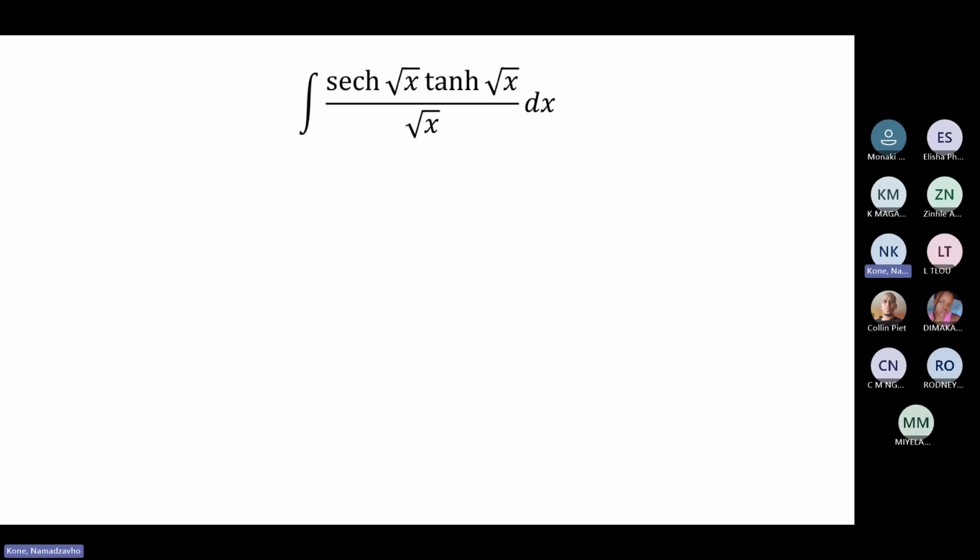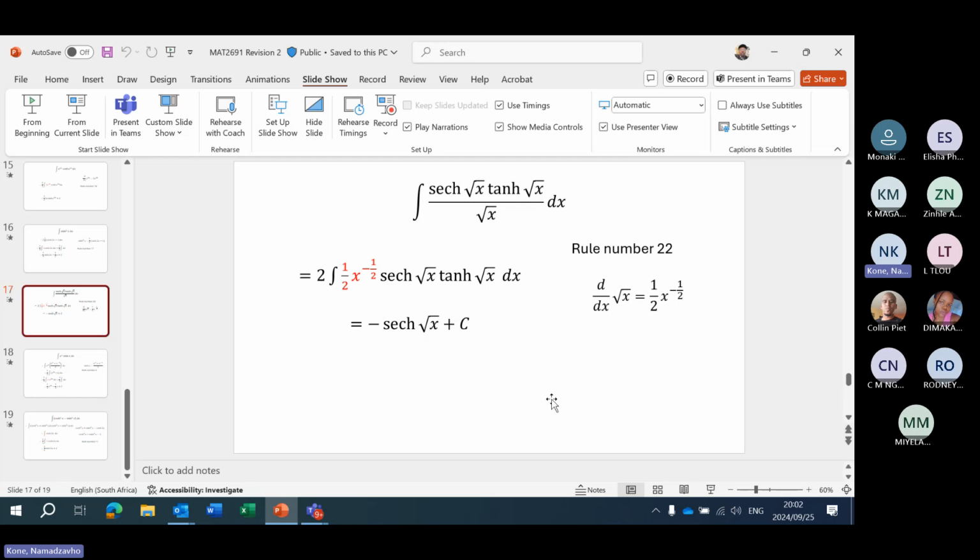Now you can switch on your mics, and thank you very much, ladies and gentlemen. Because I think it will be the last time I talk to you as a group, I want to wish you all the best in the exam because I know you can do it. The trick with math is that you must go there on your own and do those questions on your own, because what you have listened to today shows you what you need to do yourself.